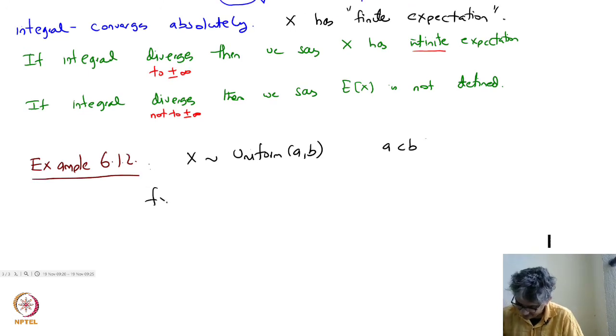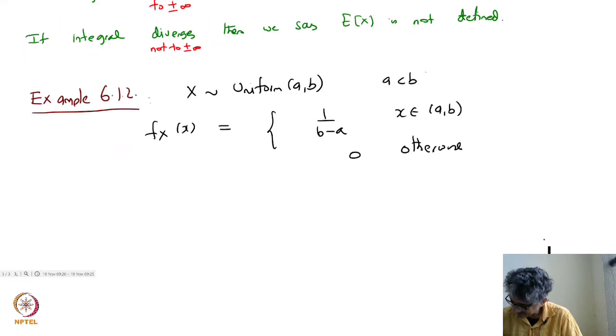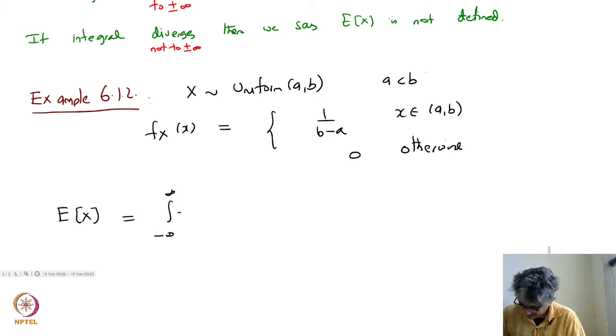So f sub x of x is going to be equal to 1 over the length of the interval, b minus a, when x is in (a, b), and 0 otherwise. Then E of X is just the integral from minus infinity to infinity of x f sub x of x dx. That's the definition.